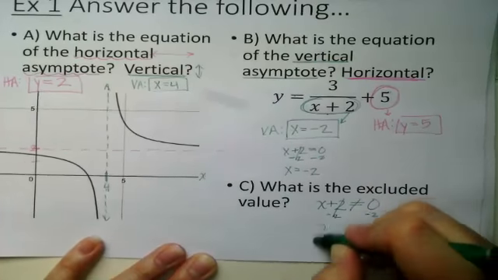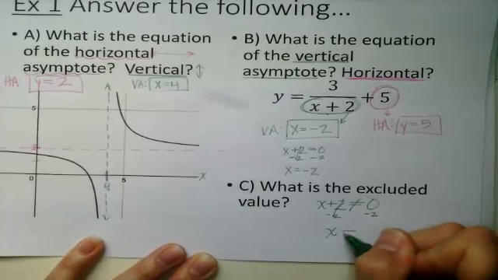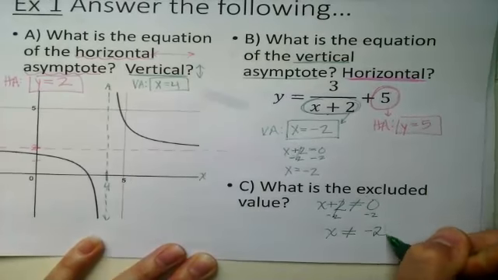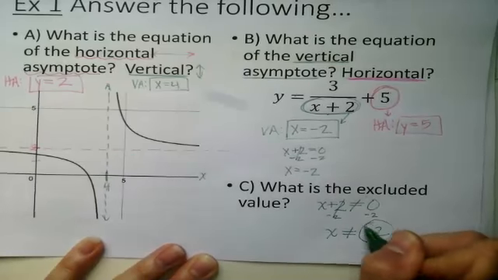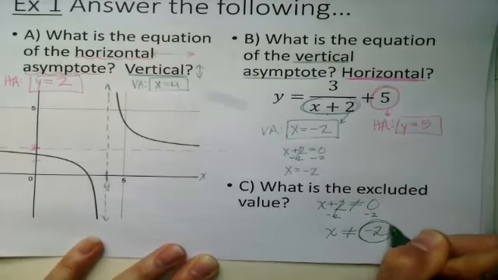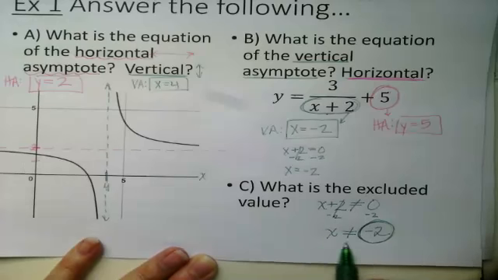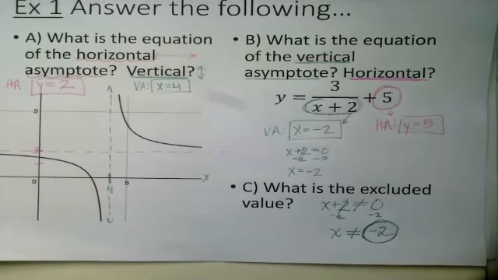So we get x is not allowed to be -2. 0 minus 2 is -2. So I think they just asked for the excluded value, and I think I just had to type in the -2. They already have the x cannot equal in there. So vertical asymptote and excluded value are pretty much the same thing.